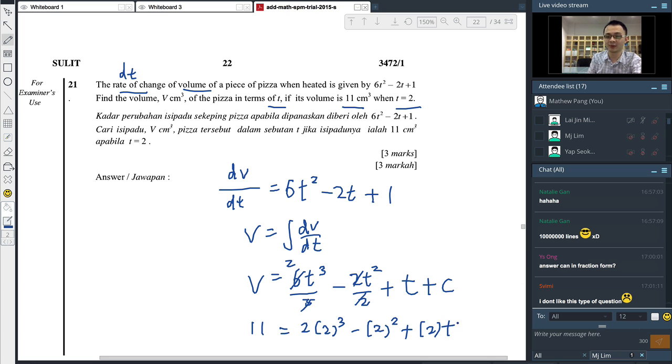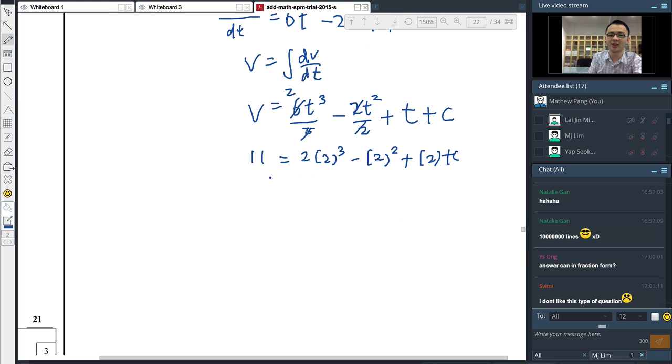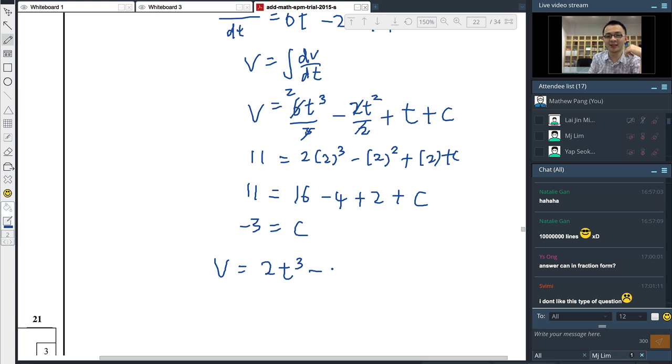Write everything first: 16 minus 4 plus 2 plus c. So here is 12, 14, 11 minus 14 is negative 3. Therefore, v equals 2t cubed minus t squared plus t minus 3. This is the equation of v in terms of t.